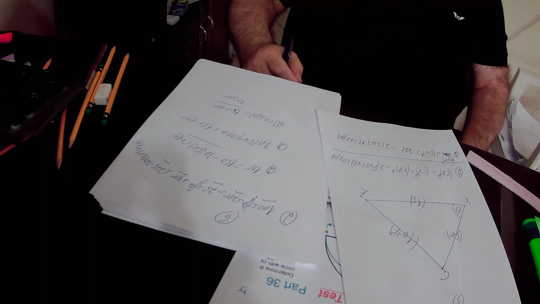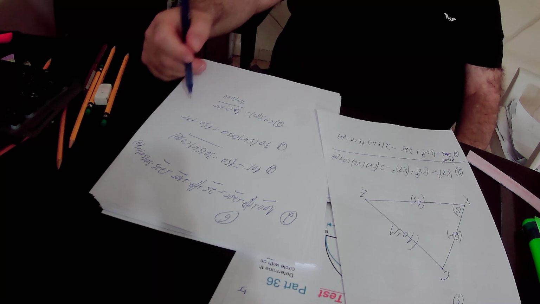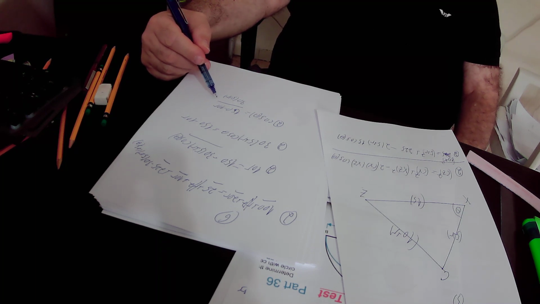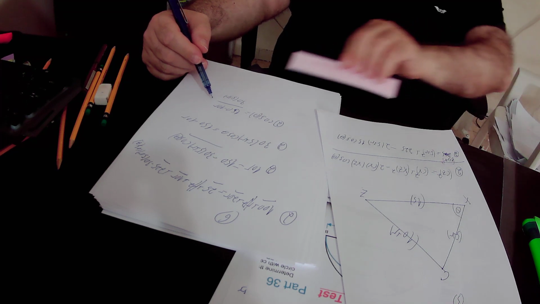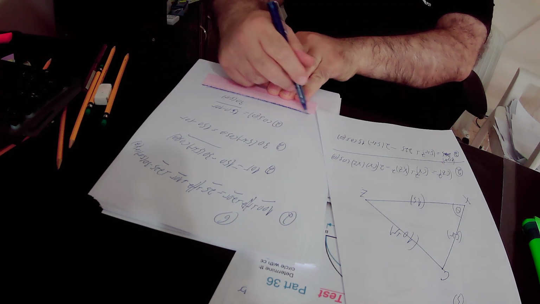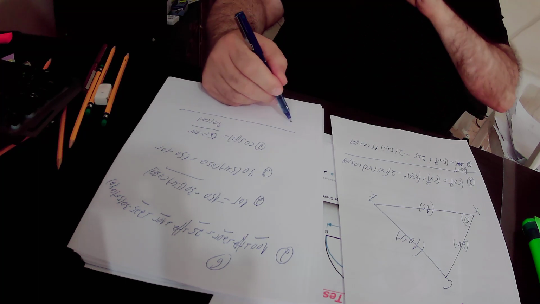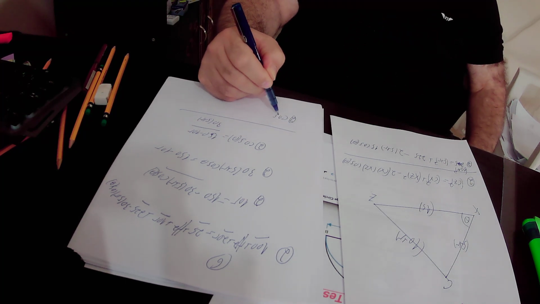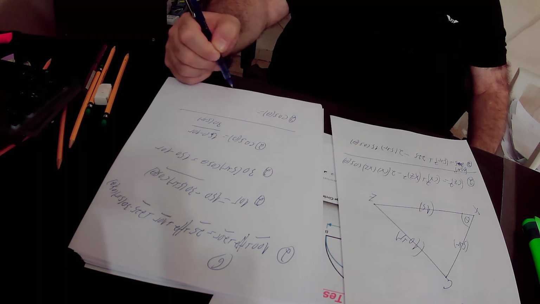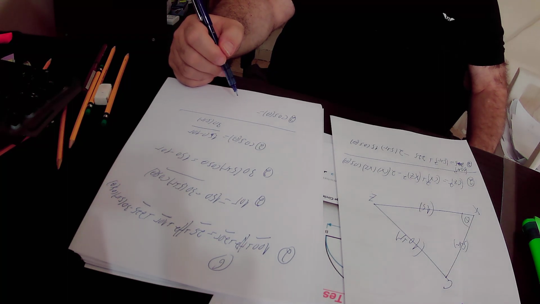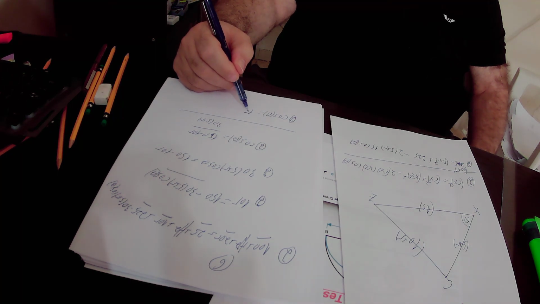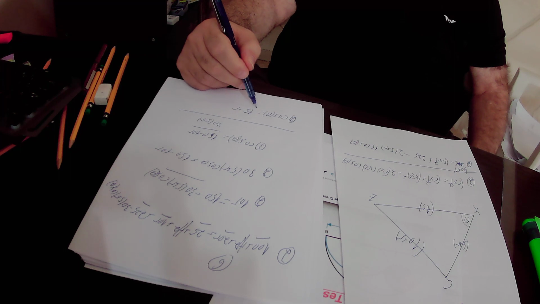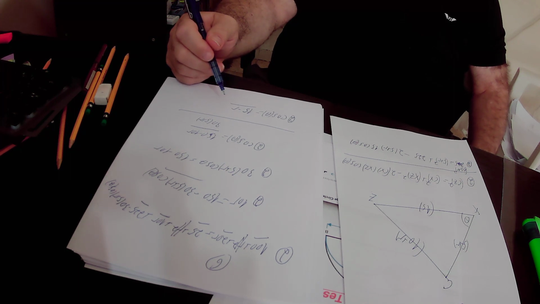Here we divide both the numerator and the denominator by 10, and we get that cosine theta is equal to 150 over 10 is 15, minus 10r over 10 is minus r, over 30 over 10 is 3.